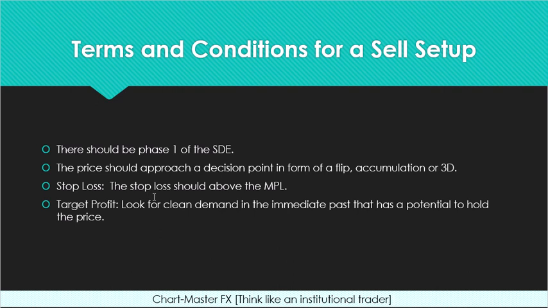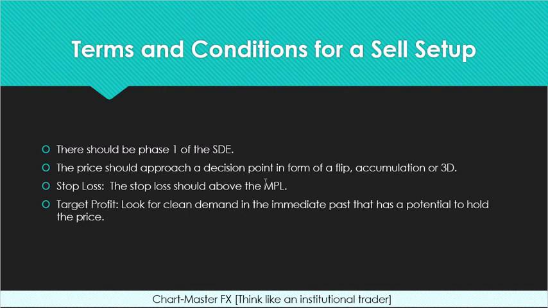The stop loss should be above the MPL or above the higher high. You just decide: if the MPL or the decision point is nearer the higher high, it's good for you to put your stop loss just above the higher high.